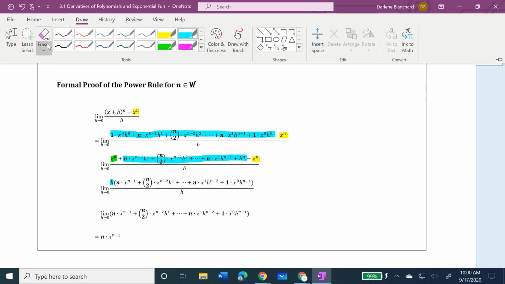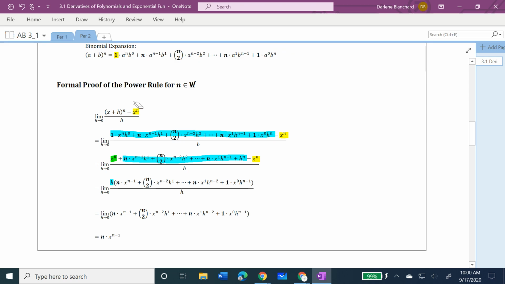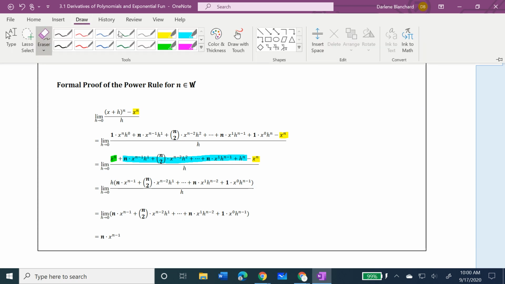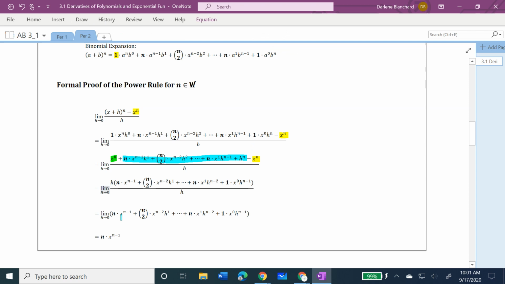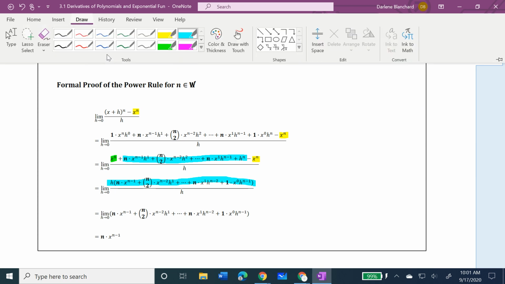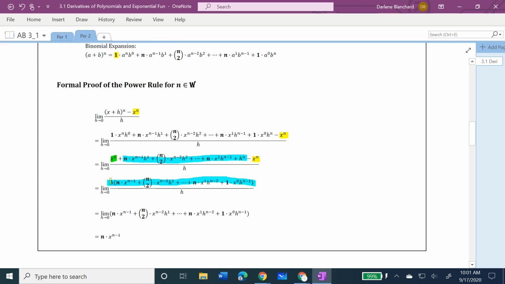And I want to be careful to make sure that my blue highlight represents one particular thing. Erase, draw. So that blue highlight is all of this right here, but I now have factored out the h.